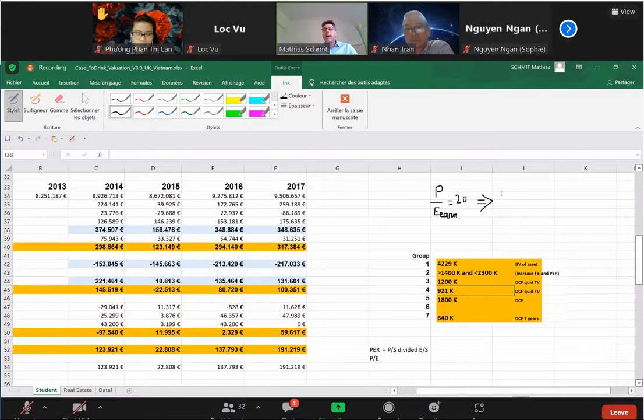So the price of equity is 20 times the earnings.